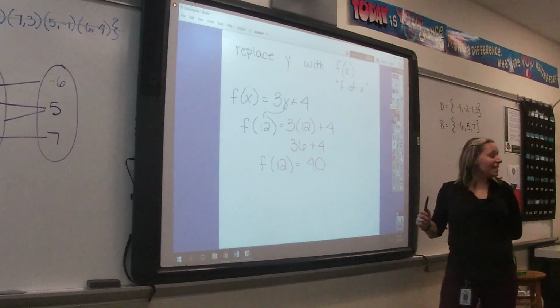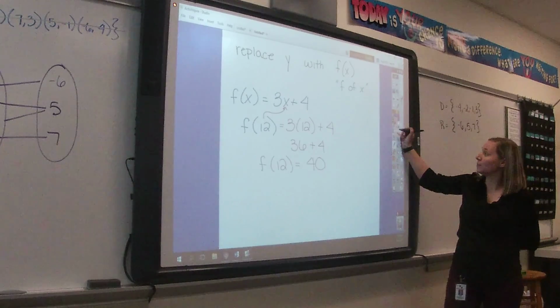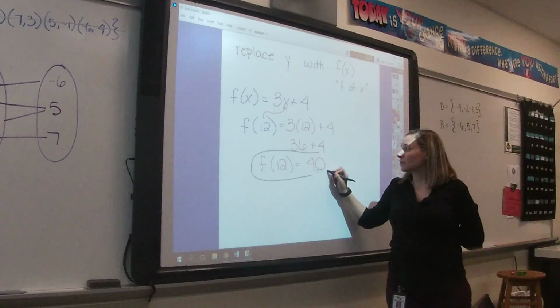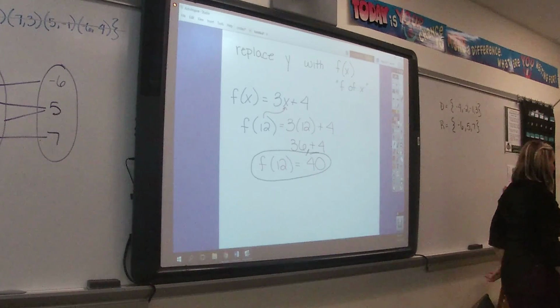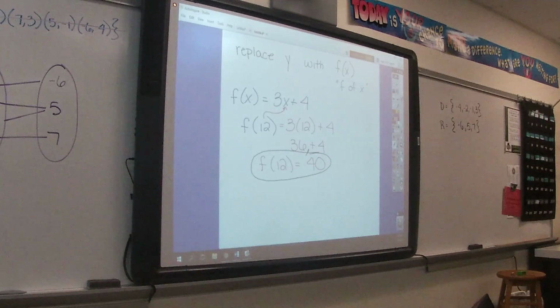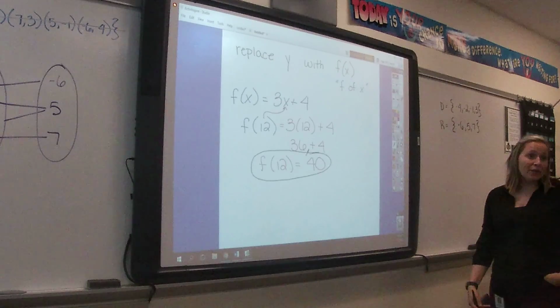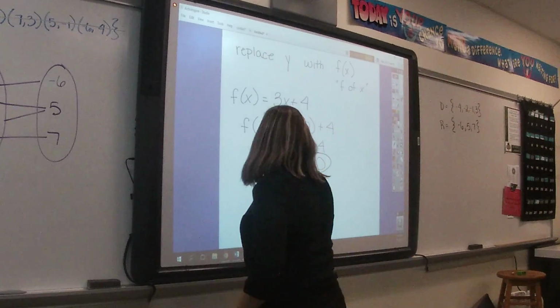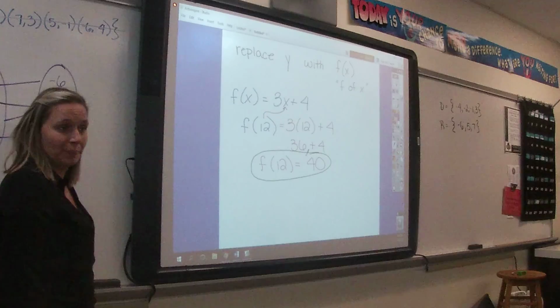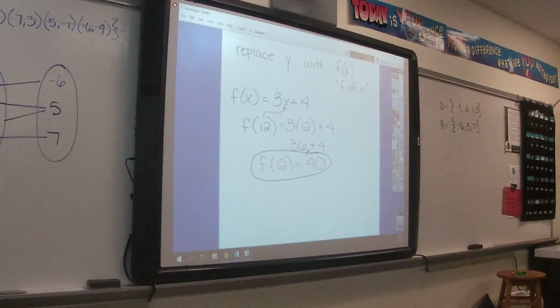I already see them sitting together, no problem. And here's my answer. I could turn it into a table. I could turn it into ordered pairs. But if all I want to know is what value pairs up with 12, I can see it right there, no problem. On a table, would you just write 12 and then put numbers? Yep.